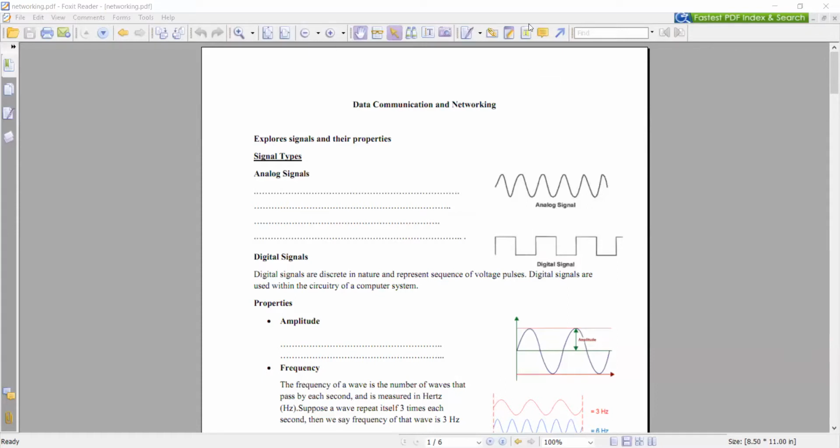Under analog signal, write down: analog signals are in continuous waveform in nature and represented by continuous electromagnetic waves.